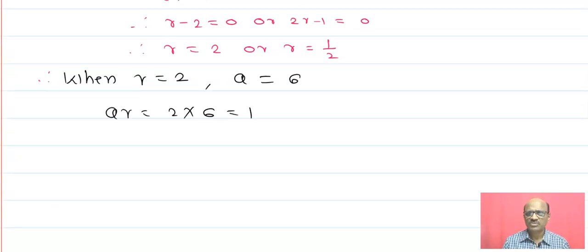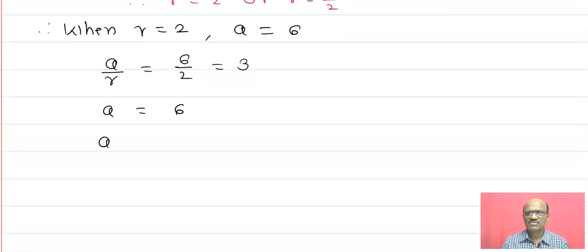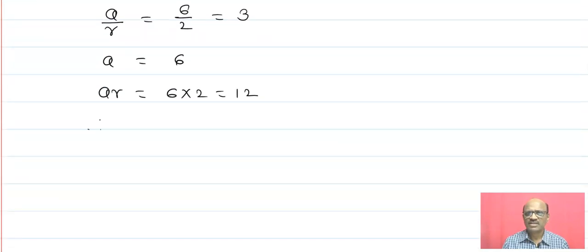Therefore, when r is equal to 2, a is equal to 6. a upon r is equal to 3 and a is equal to 6. ar, that is 12. That is 3, 6, 12. These are the terms of the sequence.